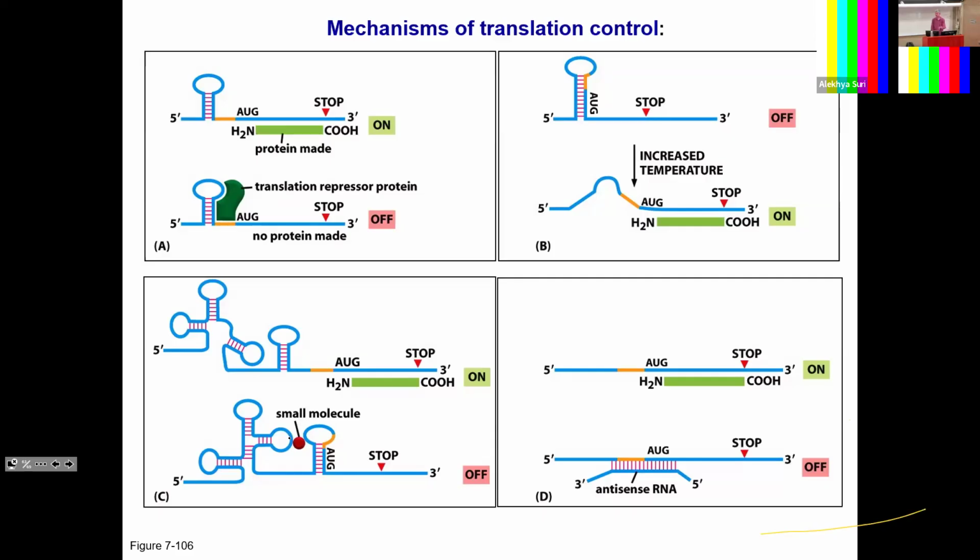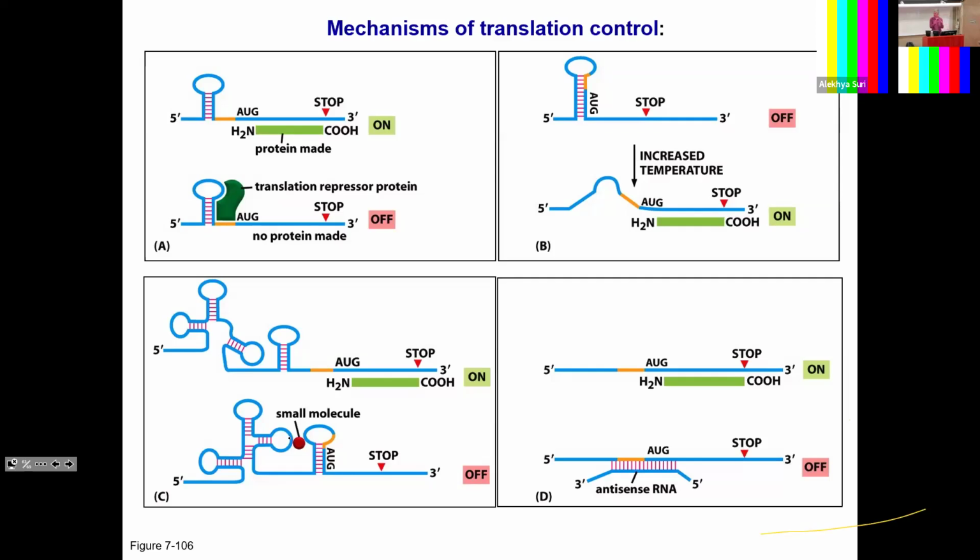So in all these examples the RNA is present in the cytosol, and the ribosome has to interact with this stem loop structure where the start codon would be placed in the neighborhood.